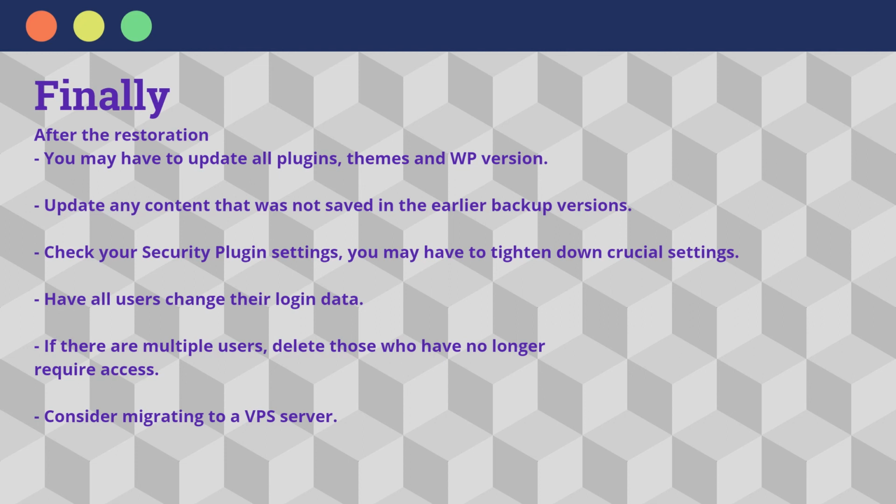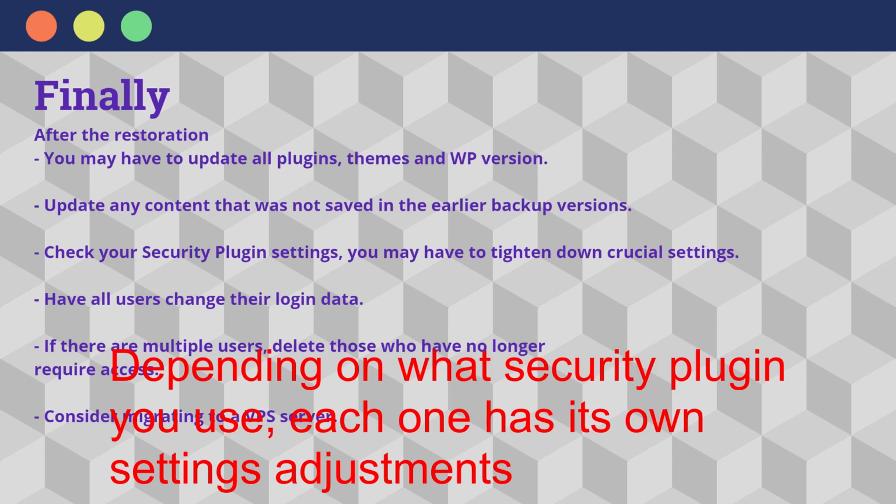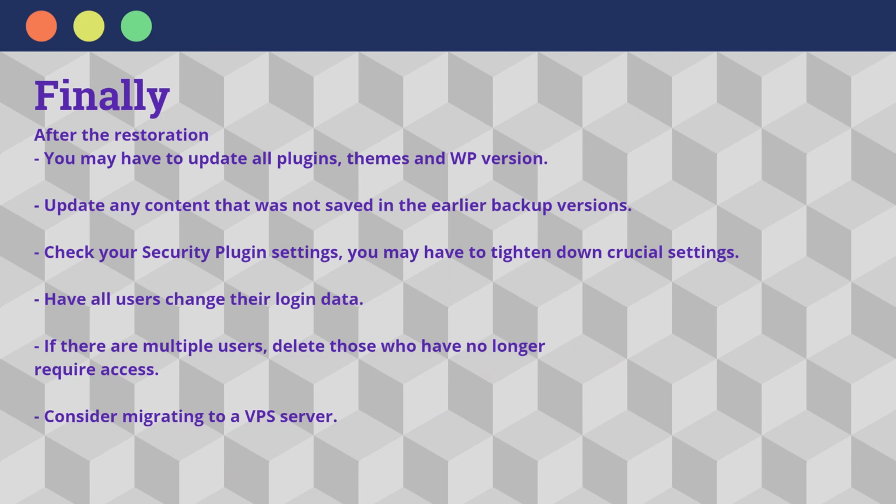Check your security plugin settings. You may have to tighten down some of the crucial settings, like human 4 page views per minute, and other things, whatever security plugin you're using.